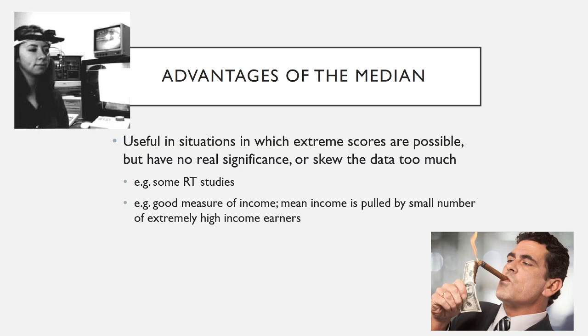The fact that Jeff Bezos is a trillionaire would artificially inflate our sense of where most people's income is. So you tend to see the median used to depict income instead because it's not quite as affected by the presence of those extreme megatrillionaires.